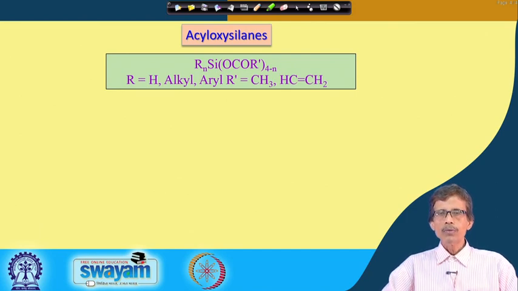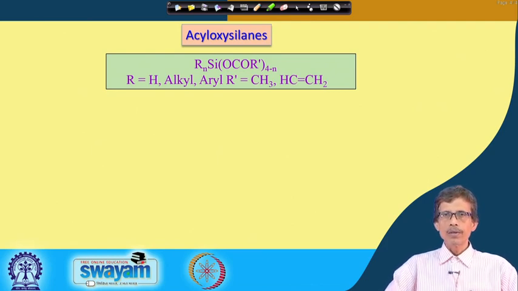Because we all know the difference between the alkyl function and the acyl function. The alkyl function is, say, the methyl function, where you have the direct methyl group attached to the silicon center, making it a corresponding organosilicon variety. But if we go for a CH3CO unit, that is CH3COO, the acetate function, then the RCOO unit can be attached to that silicon, which will be the acyloxy function.